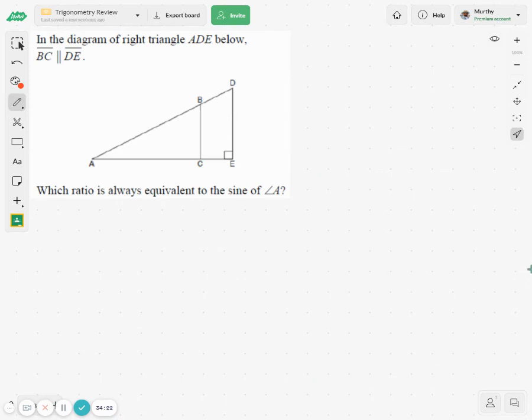So this time in the diagram of a right triangle, BC is parallel to DE, and which ratio is always equivalent to sine A? So this one looks really simple. I know that sine A equals, SOH, opposite side to angle A over hypotenuse.